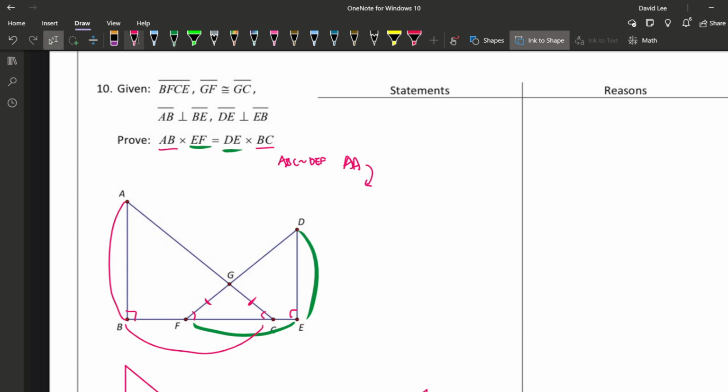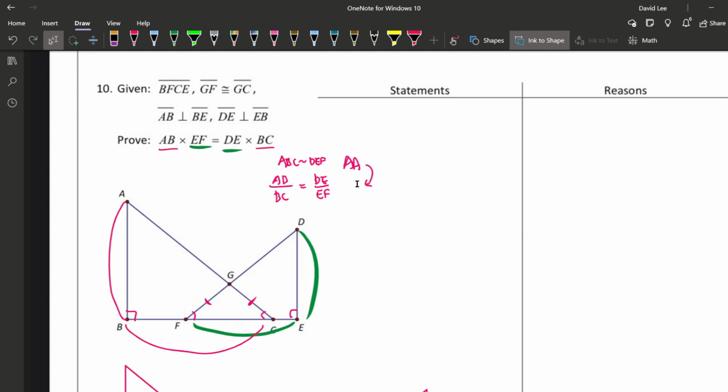Basically, after angles, the next thing you're gonna do is show that these are in proportion. So this is gonna be AB over BC, and you want to work backwards from what you want to prove, so you match it up. AB over BC is in proportion to DE over EF, if we just divide both sides.